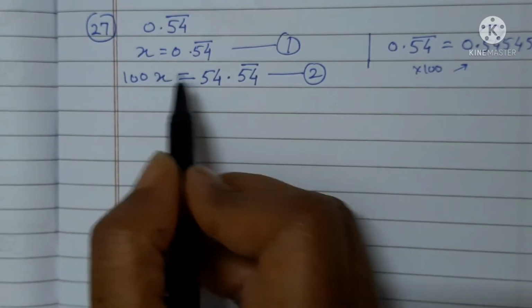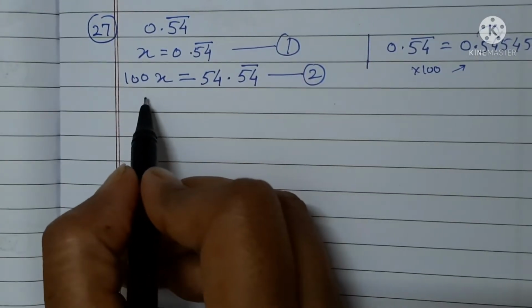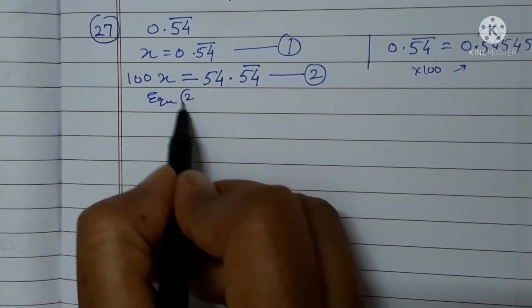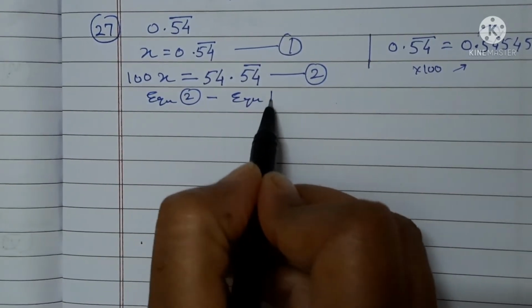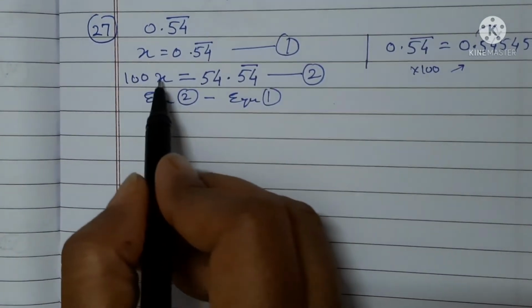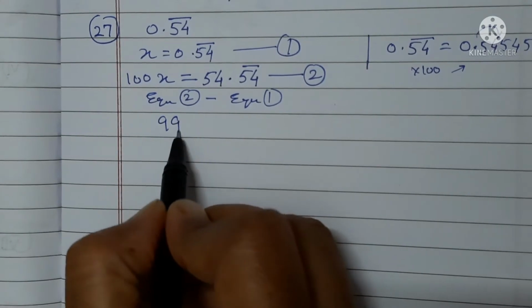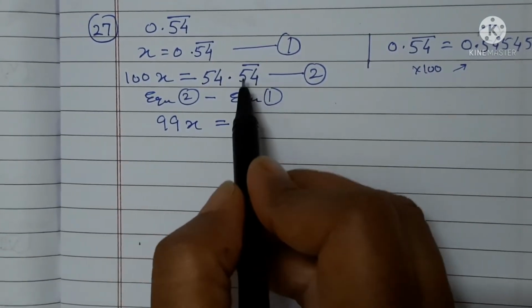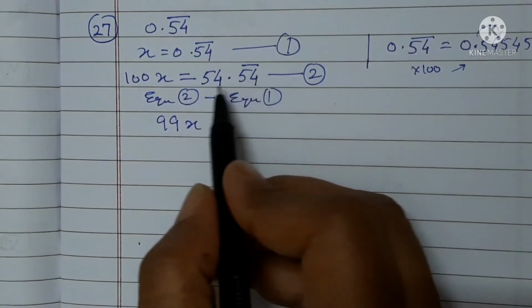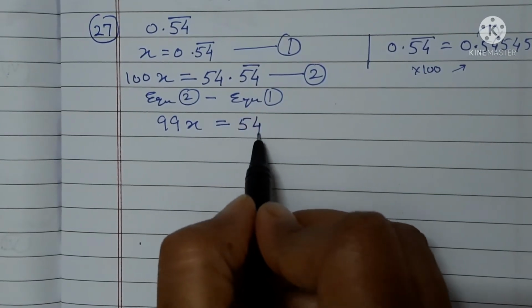Now subtract equation second minus equation first. So you will get 100x minus x, 99x is equal to, 54 bar will be cancelled, you will get only 54.